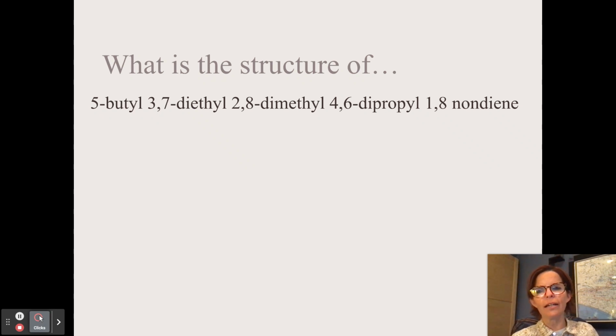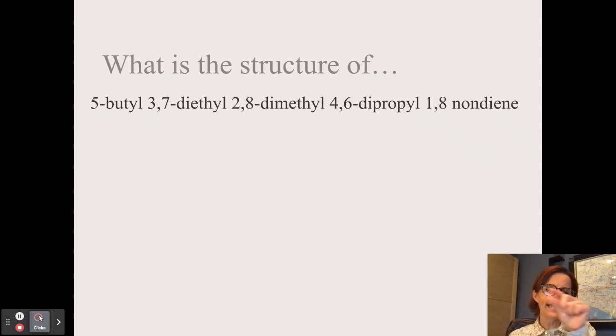Okay, let's start all the way at the end. I'll give you a few tips. How long is our longest chain? It's a non, so that means it's 9 carbons long. And diene means there are 2 double bonds, located after carbon 1 and after carbon 8.